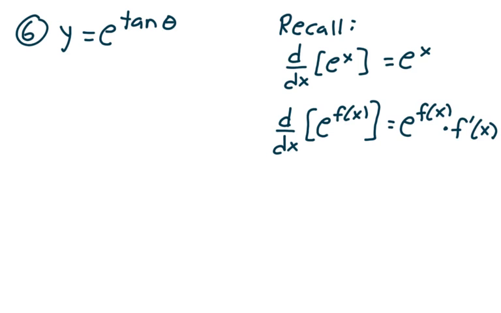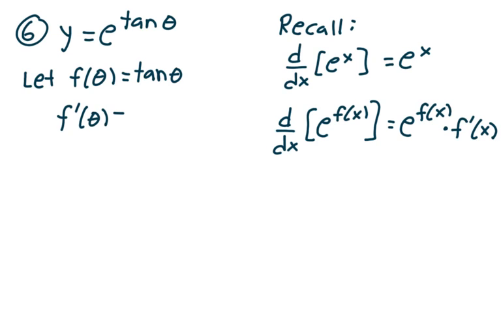Now we're in a position to figure out the derivative of e to the tangent theta. I'm going to let f of theta equal tangent theta. So f prime of theta is equal to secant squared theta.